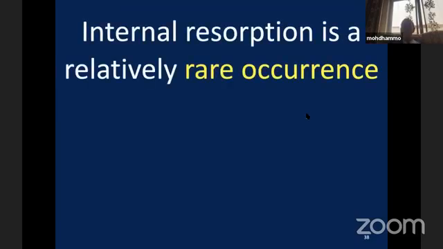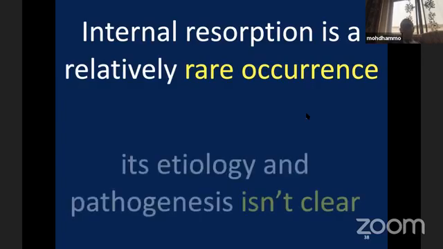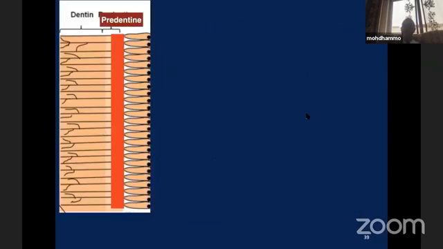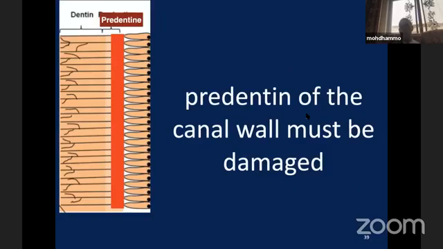Internal resorption is a relatively rare occurrence. We don't see it frequently. And its cause or etiology is unknown. It's not clear exactly why internal resorption happens. Now, how does it occur? Remember we said between the pulp and dentine, we have a non-mineralized layer called predentine.